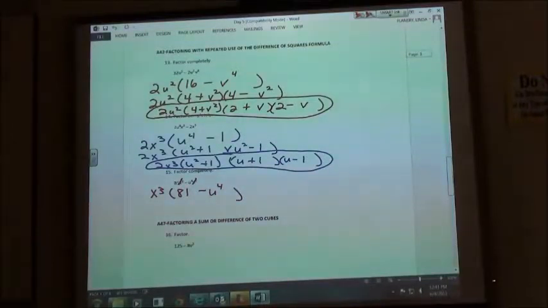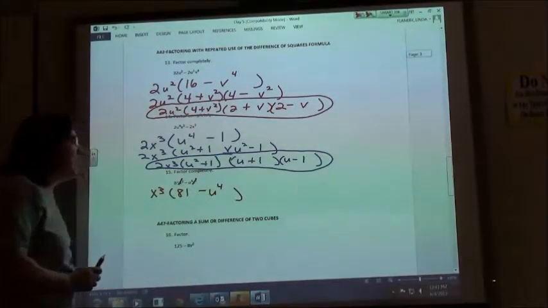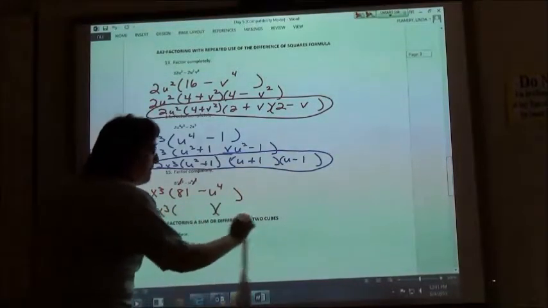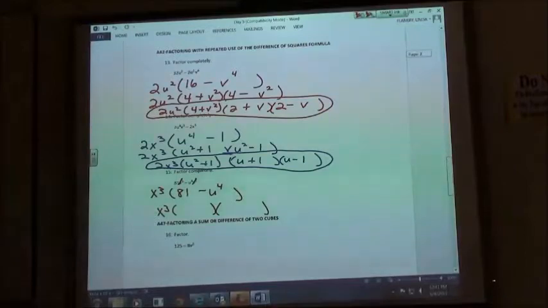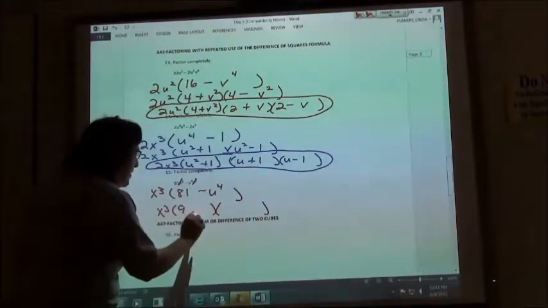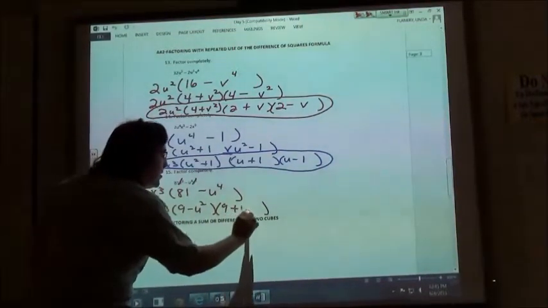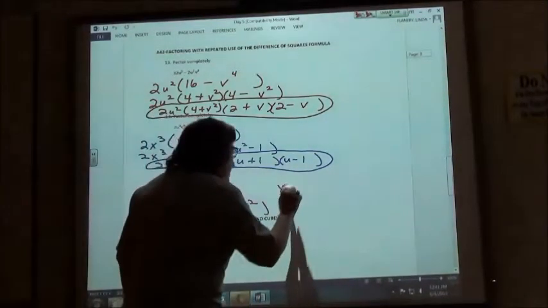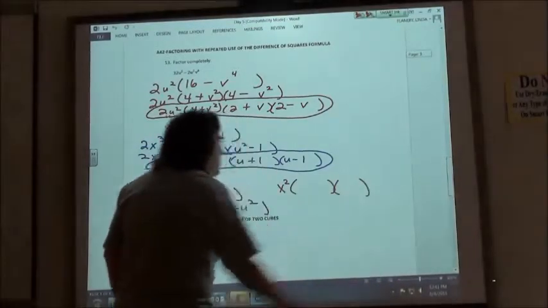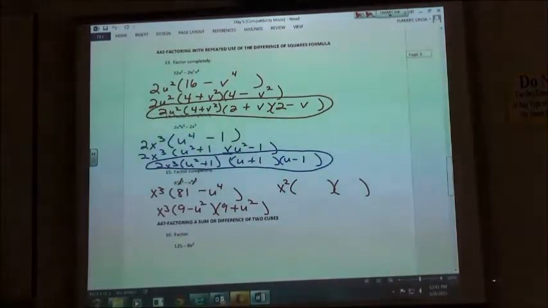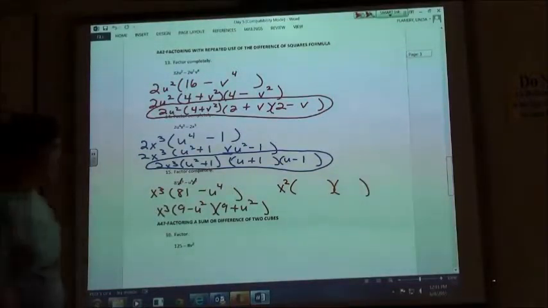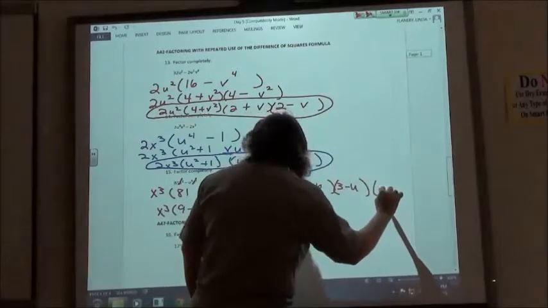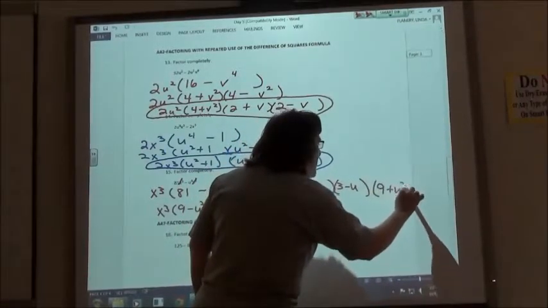And so if I factor my difference of perfect squares here, 81 minus u to the 4th factors into 9 minus u squared and 9 plus u squared. And then if I factor the 9 minus u squared, that's going to factor into 3 plus u and 3 minus u. And of course, we still have our 9 plus u squared.